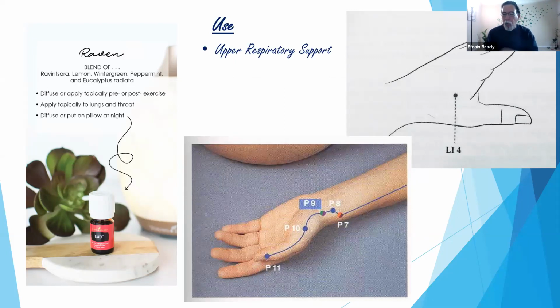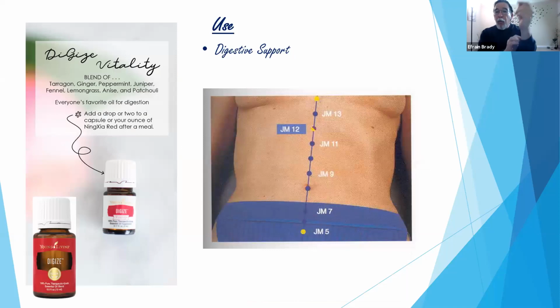So that's why it works perfect with Raven. Awesome. As people want to be particularly conscious in this time of supporting their lung health and their immune system, these are great things to keep in mind as you're using the oils that you have on hand.